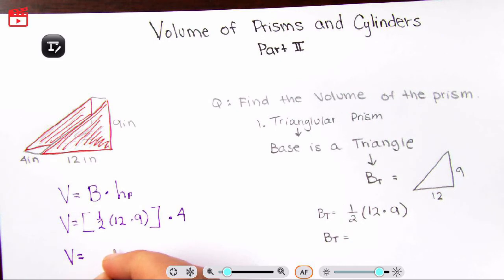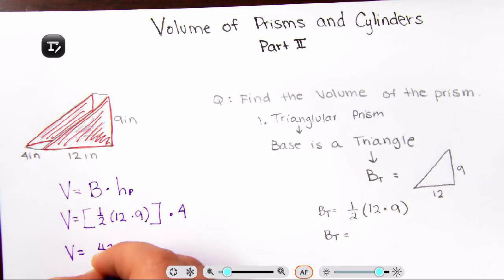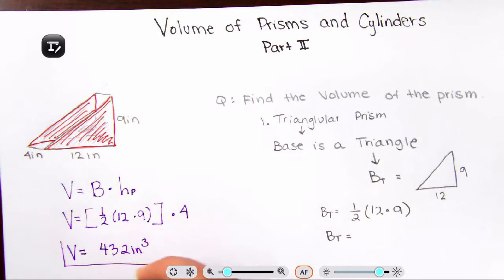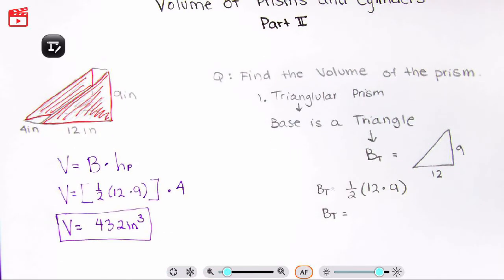Let's see here. All right. That is right. I was looking at my cheat sheet here and I'm like, that doesn't look right. Yes, it is. And remember, you must write your units of measure. So our units are inches and volume is always cubed.